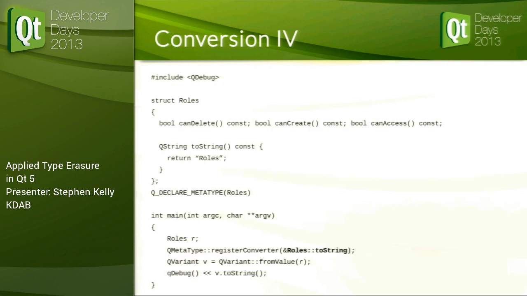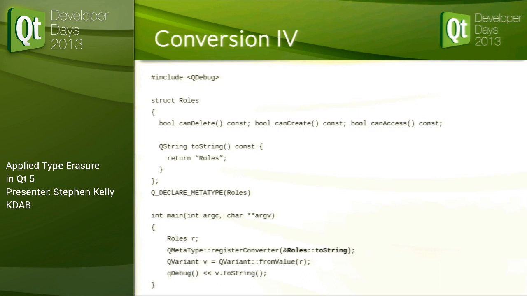Just to show you a complete program, I know it's a lot of text on this slide, but it just about fits. We can imagine that these methods have some kind of sane implementation. The toString method would tell you whether the delete right is available and the create right is available, etc. Because roles does not inherit from QObject, I need to use Q_DECLARE_METATYPE there.